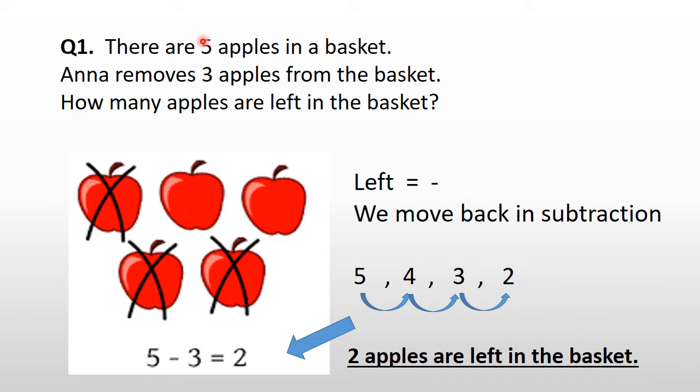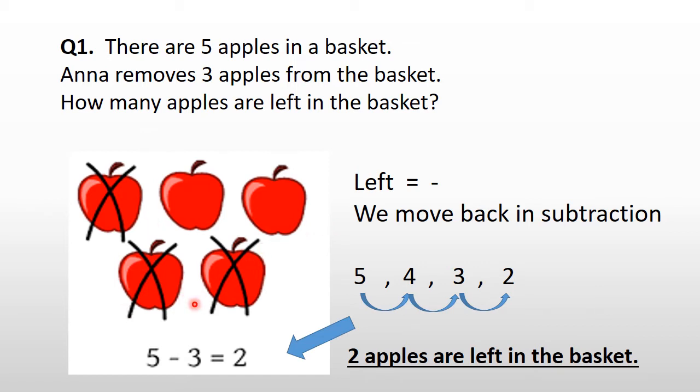There were 5 apples in the basket and now 3 apples have been removed. That means how many are left? So when 3 apples are removed, see, there were 5 apples: 1, 2, 3, 4 and 5. And Anna removed how many apples? 3 apples. So what will I do? I will cancel 3 apples: 1, 2 and 3.